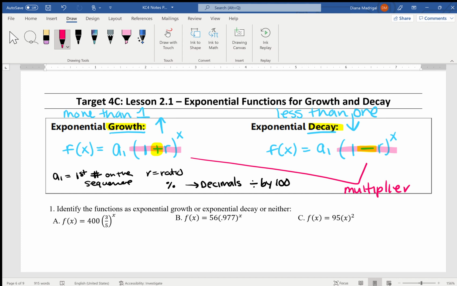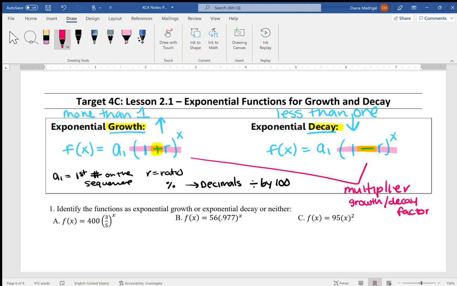So when questions ask you to find the multiplier, or the growth and decay factor, it's talking about what's inside the parentheses, the 1 plus r and the 1 minus r. That's it. When they're talking about write the whole exponential function, then yes, you're writing the whole f of x equals a1 parentheses 1 plus r or 1 minus r, depending on the problem.